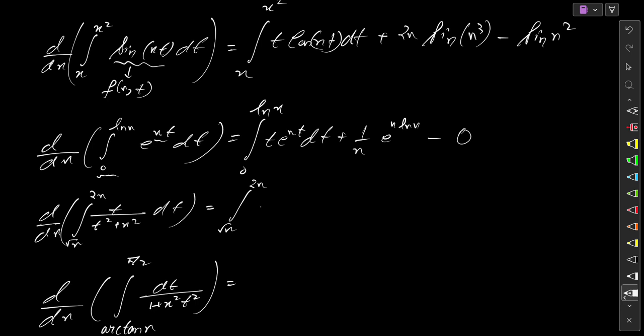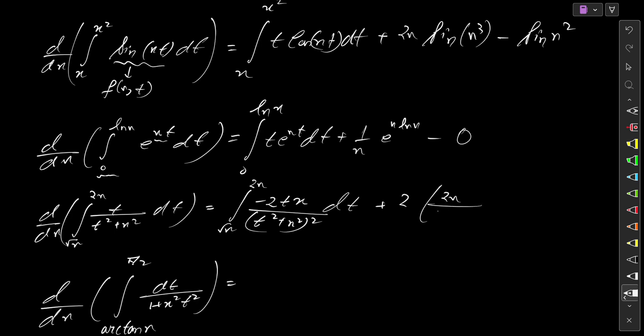So the derivative is t minus 2tx divided by t square plus x square whole square with respect to dt, plus 2 multiplied by the function with t replaced by 2x.